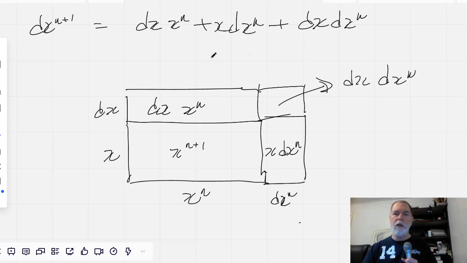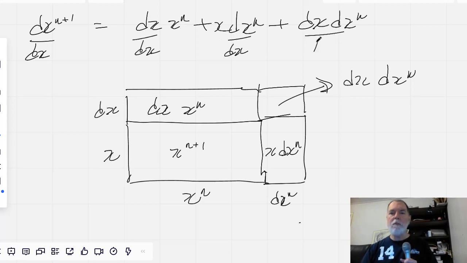All right, so we got stuff. Now we want to know how much this changes for every little change in x. So divide that by dx, divide that by dx, divide this by dx, and divide this by dx.